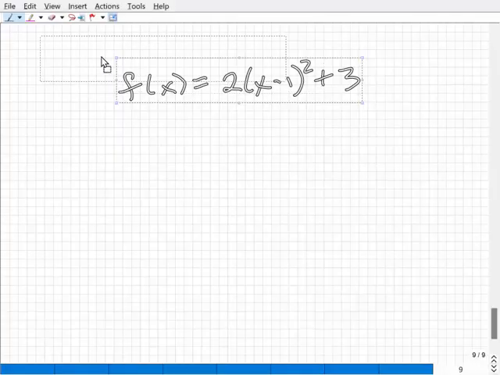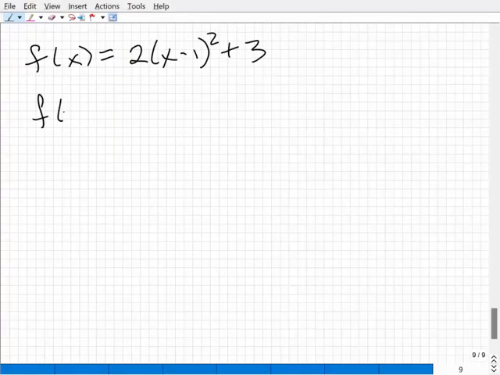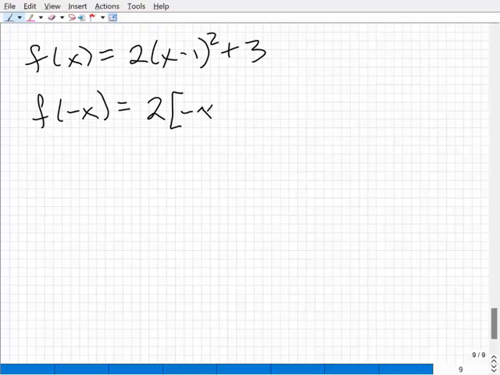Let's try doing that. If I just left it like this and I replaced x with negative x, I'm going to use square brackets here. Replace x with negative x. No, I don't need square brackets. Okay, this is kind of tricky to deal with because of this stuff.